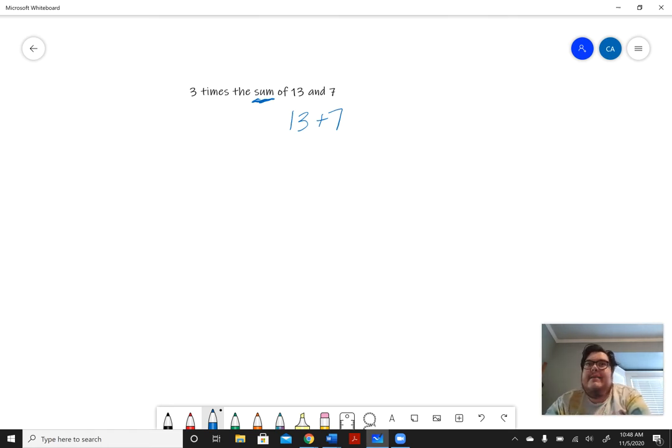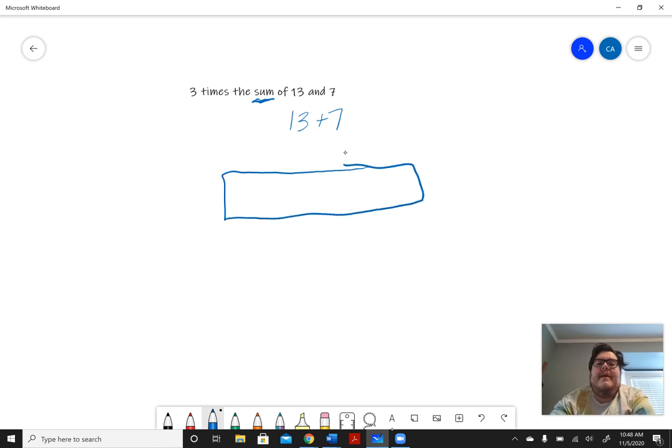We call it our times tables. And times is one of those words that just tells us that we're using multiplication. So let's draw a picture and see what this might look like. If we're doing 3 times the sum of 13 and 7, we can use a tape diagram.